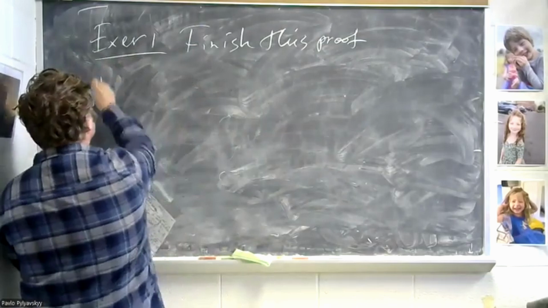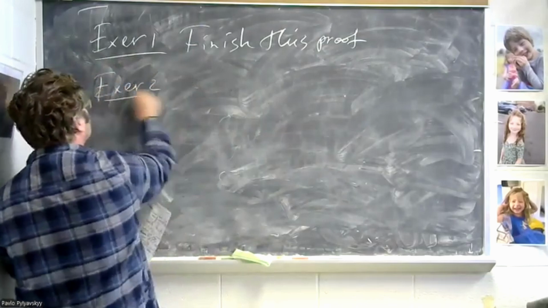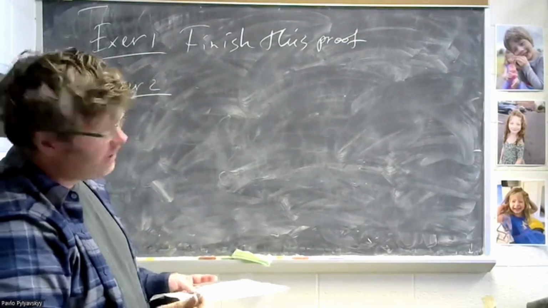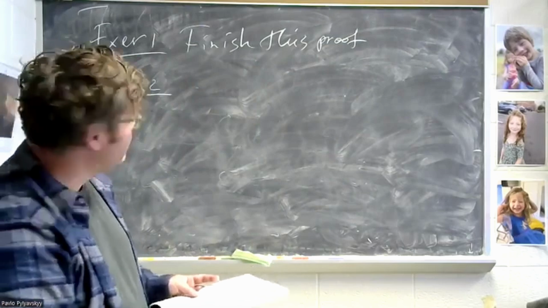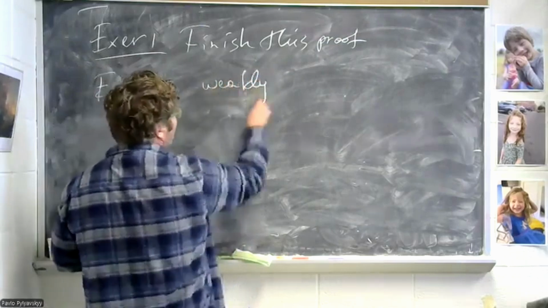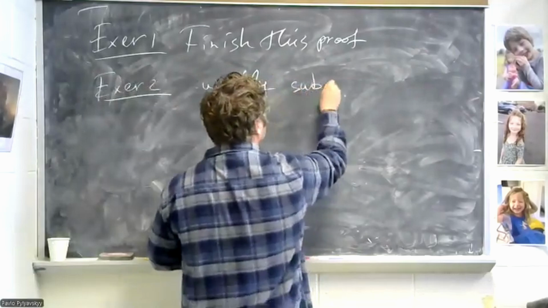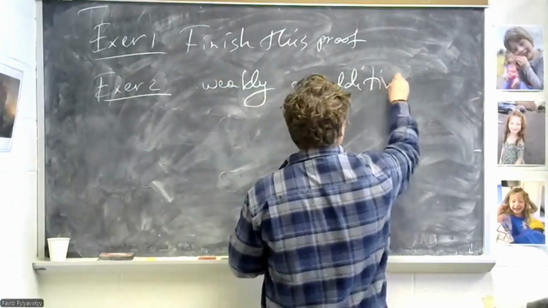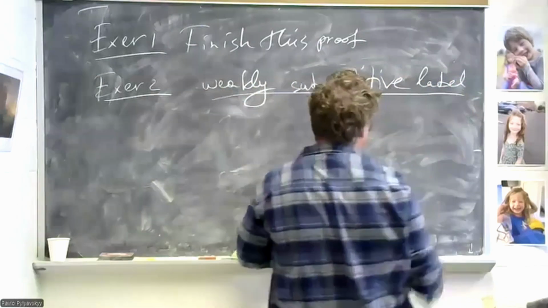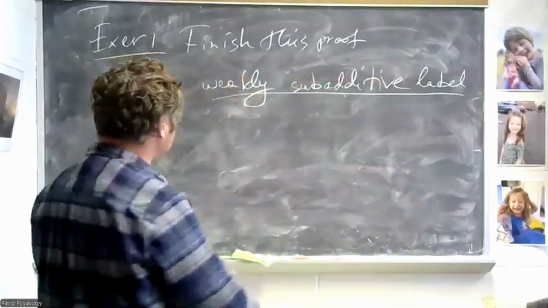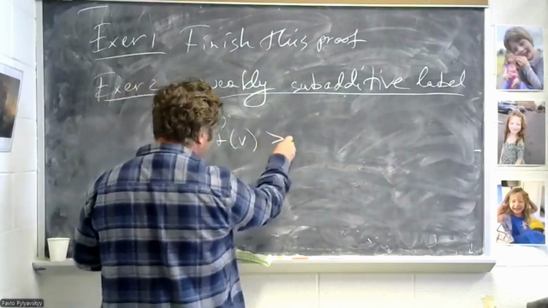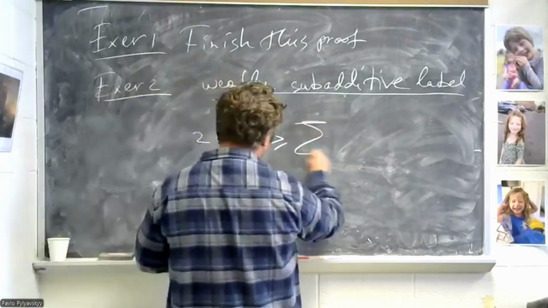Exercise 2. Here's a slightly fun variation of this, which actually is important. We can define weakly subadditive labelings. It's just like subadditive labelings, except the inequality is weak: greater than or equal to the sum of all the neighbors.